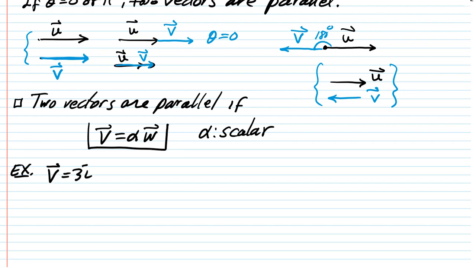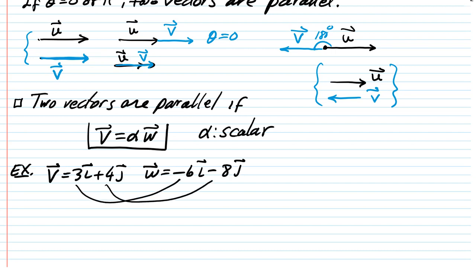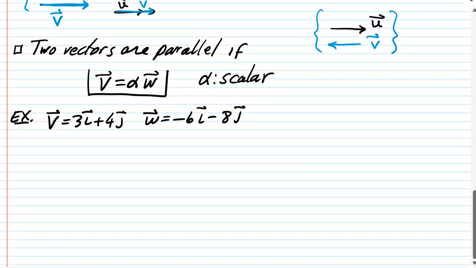Let's say my vector v is 3i plus 4j, so they're not the same numbers. And I'm going to make w to be negative 6i minus 8j. And you can kind of see 6 being a multiple of 3, 8 a multiple of 4.